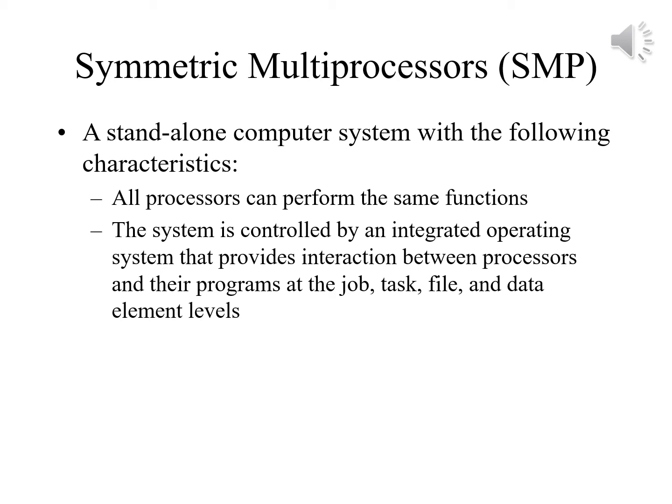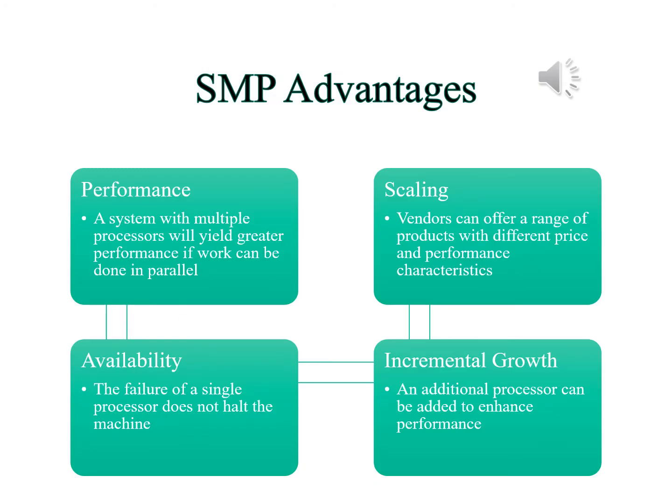In an SMP, individual data elements can constitute the level of interaction, and there can be a high degree of cooperation between processes. An SMP organization has a number of potential advantages over a uniprocessor organization, including the following.